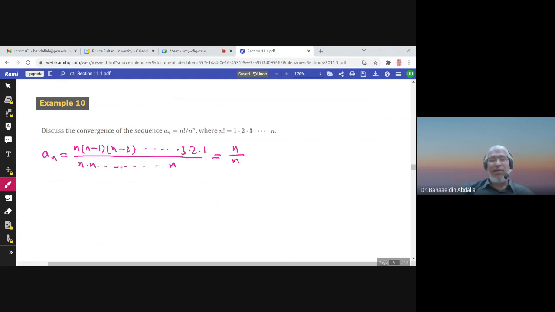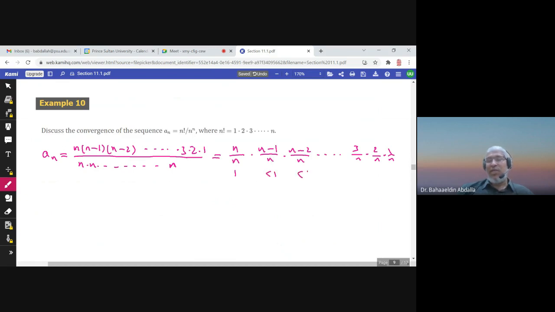Let me write them like this: n over n times n minus 1 over n times n minus 2 over n up to 3 over n, 2 over n, 1 over n. Now notice that the first number is 1. This number, n minus 1 over n, like 6 over 7, is less than 1.